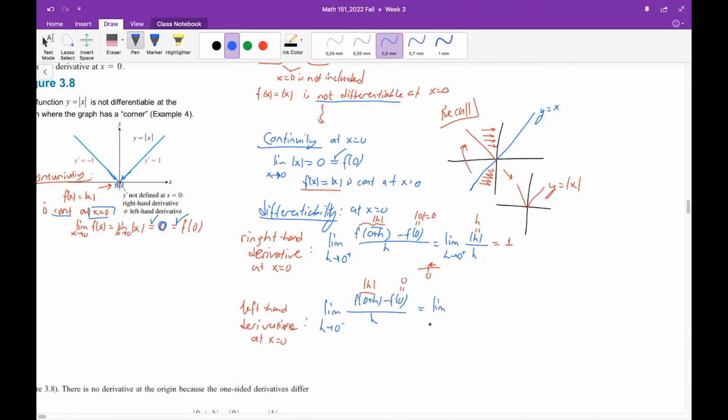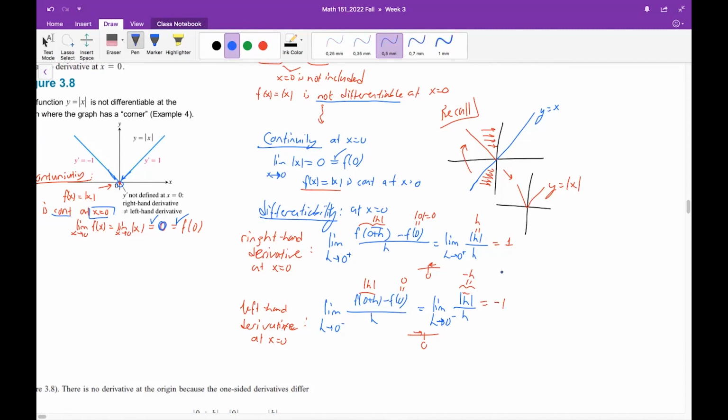And we are computing the limit of the very same expression, but this time as h goes to 0 from the left, meaning that you are approaching 0 by h from the left like this. That's why this is negative. So the absolute sine of it is computed as minus h. So the result is minus 1.